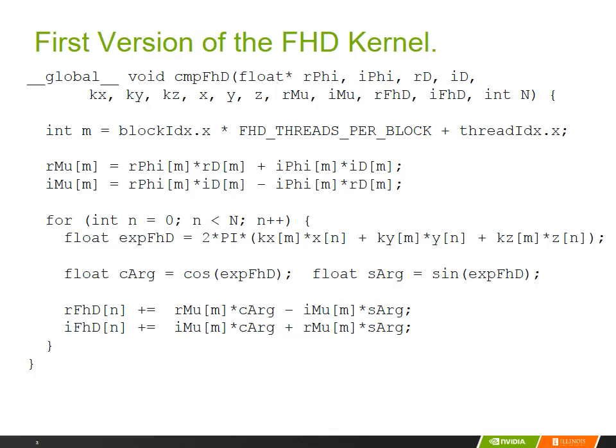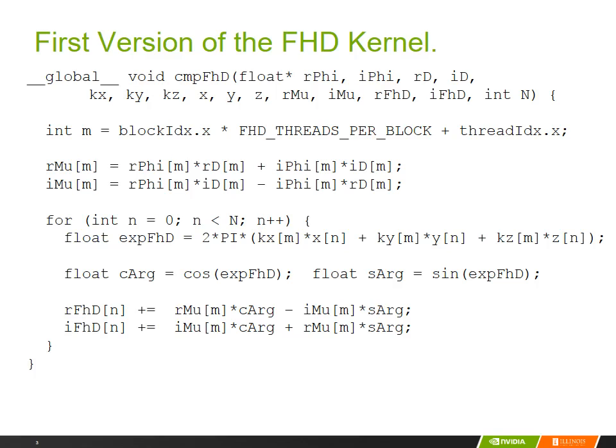So here we show that instead of having the outer loop, we have the kernel first calculate the value of M based on the block ID and thread ID. This allows each thread to pick up the work of one outer loop iteration, or one particular M value of the outer loop. Once the thread has the M value, it can execute the two statements in the original outer loop iteration to calculate RMU and IMU.